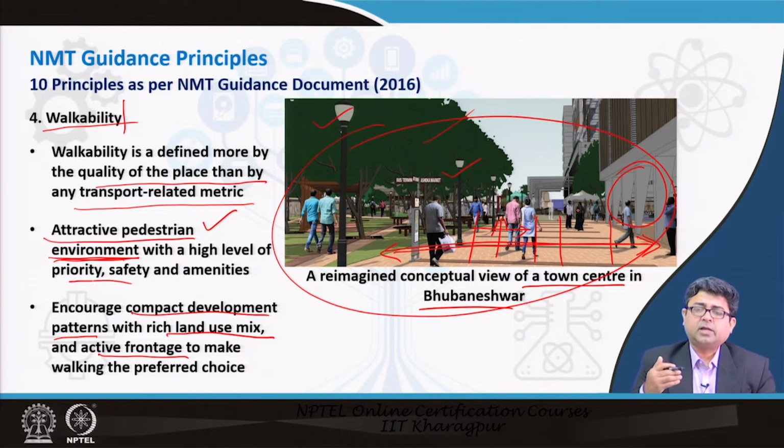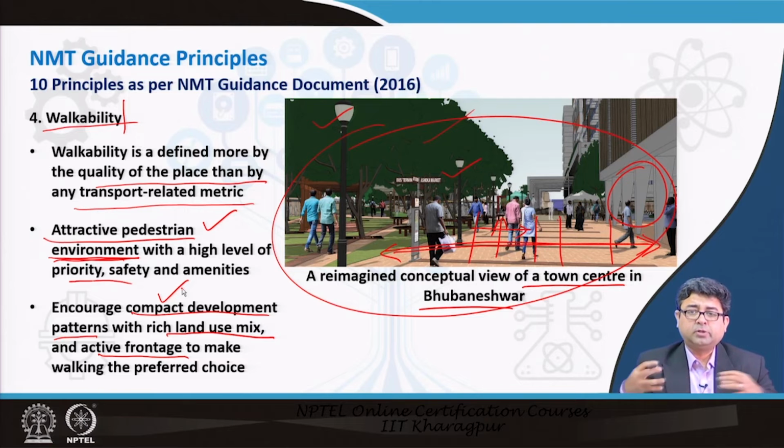So, you always try to avoid parking in front of the building. You can have parking behind the building. We are not discouraging parking altogether, but have parking behind the building and have your pedestrian footpath or sidewalk right up to the frontage of the building. Compact development allows different types of land uses to be close to each other.